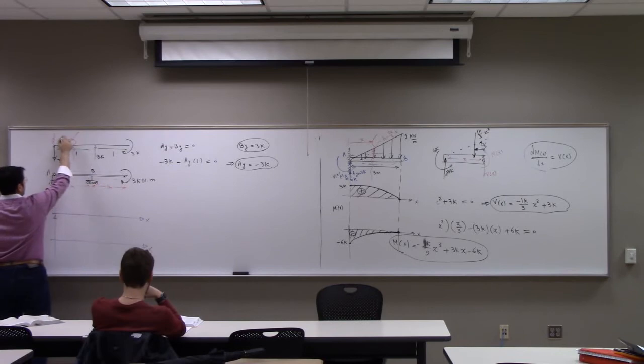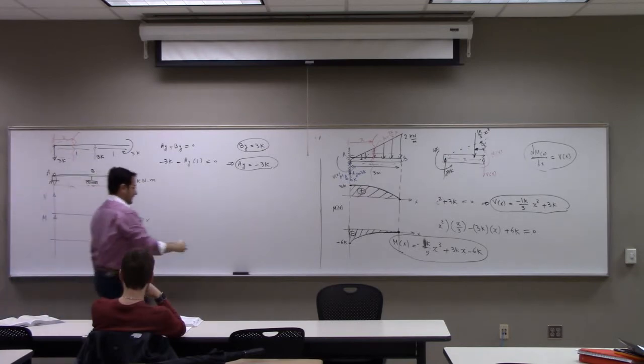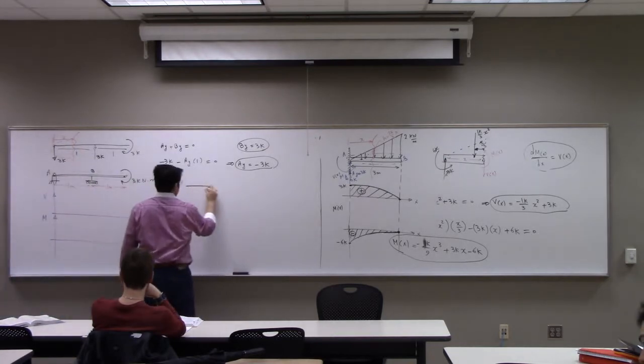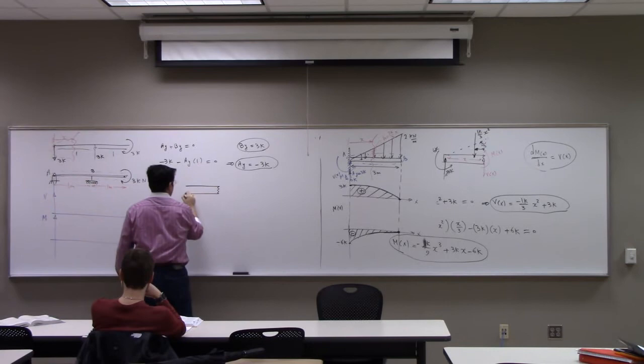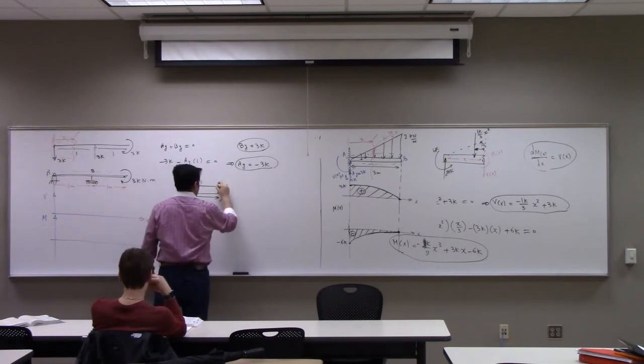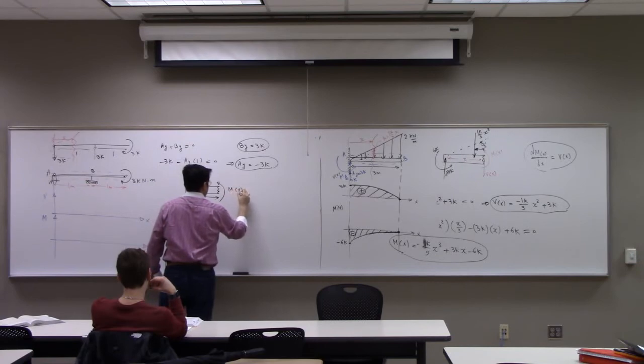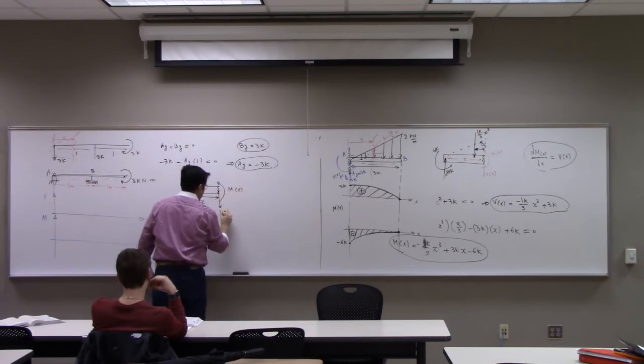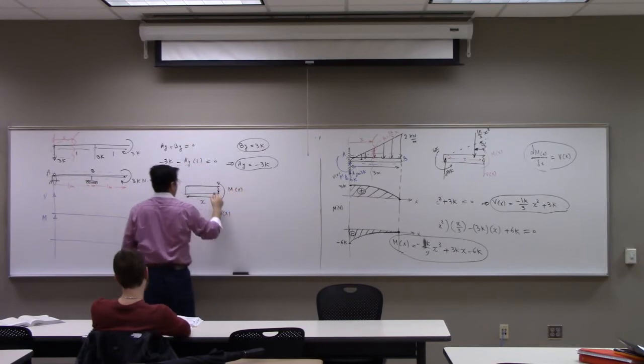So that's your x. Now this is my system. I want to draw my FBD. What do I get? That's my system. I know this length is x. There's going to be Mx this way, Dx going down.